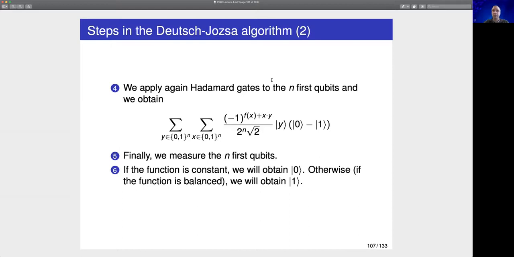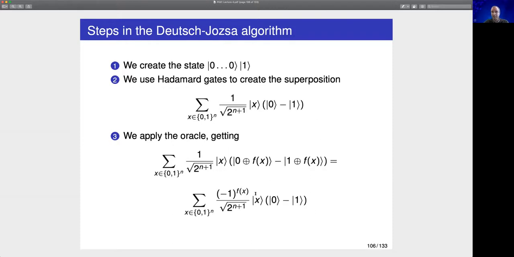I'm not going to do this derivation here because it's quite easy, but it's also very long, so you can try this: apply the Hadamard gate, the column of Hadamard gates, to a general string X, okay?